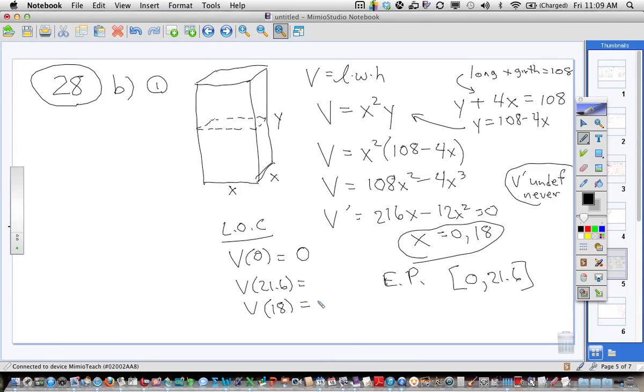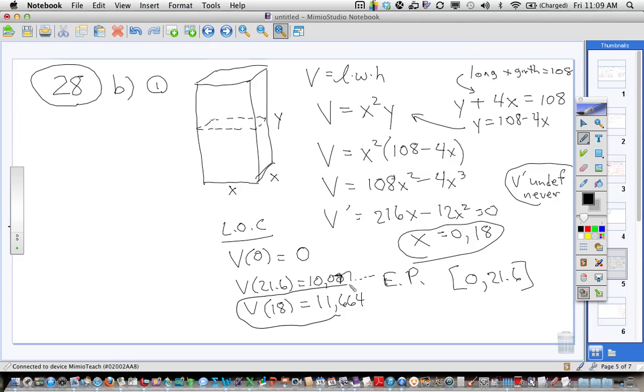What do we get here? About 10,077 for 21.6. But we're looking for large volume, so it was 11,664. So we're looking for max volume.